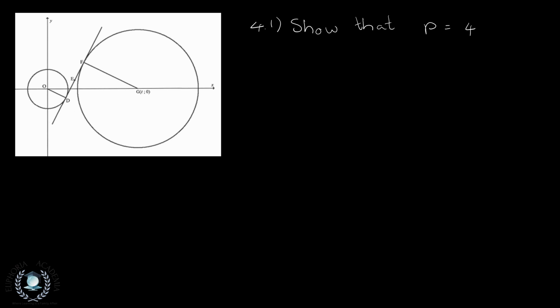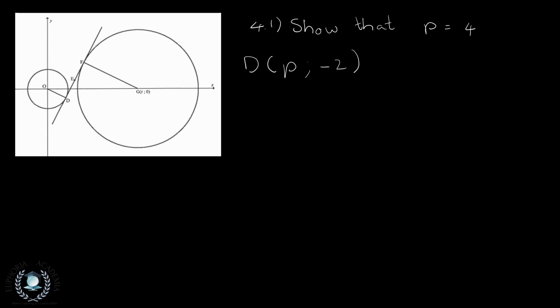All right. Now with that out of the way, for question 4.1, we're asked to show that P is equal to 4, where P is the x coordinate of D, and D is (P; -2).